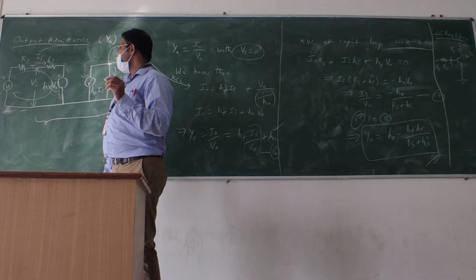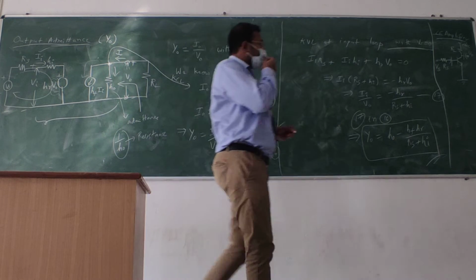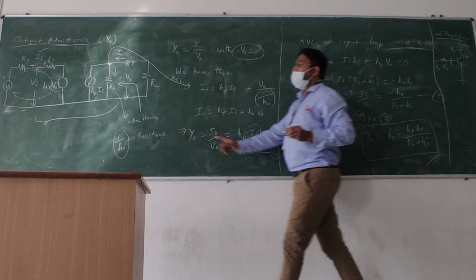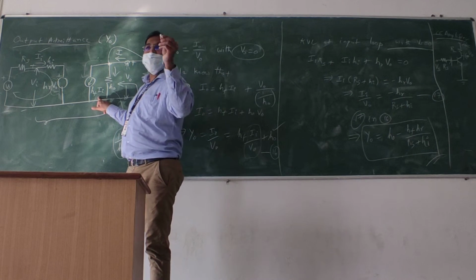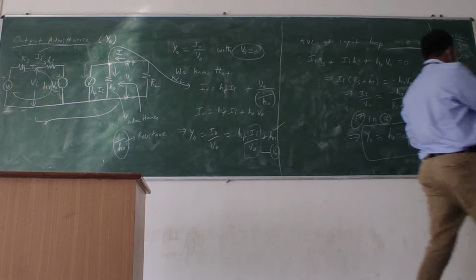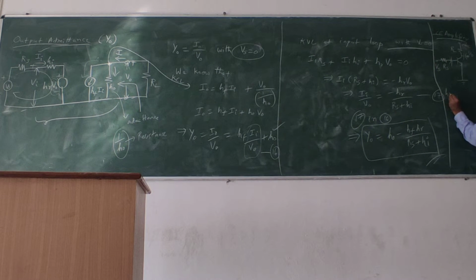But there are a few simple modifications that we have to make. First, for all the h-parameters, put a second subscript E for emitter. So what are the changes you will do? HI, HR, HF, H0, you will replace with what?